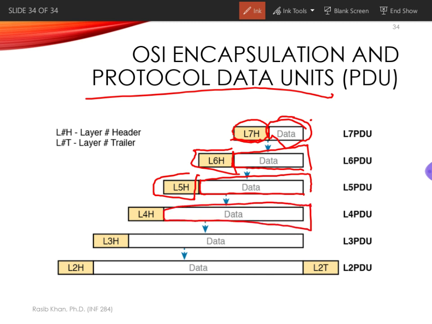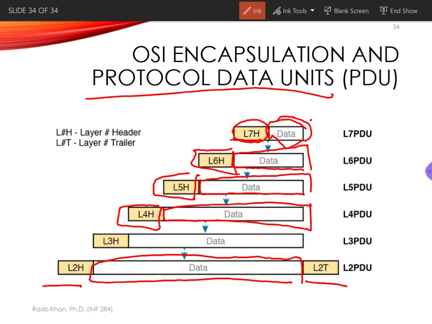So every layer presents a protocol data unit together with the header for that particular layer and passes it on to the next layer. And eventually, in the data link layer, you get the data from the network layer and you add the header and the trailer in the data link layer.